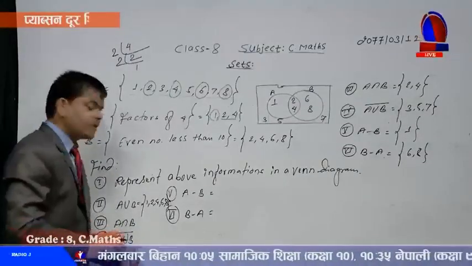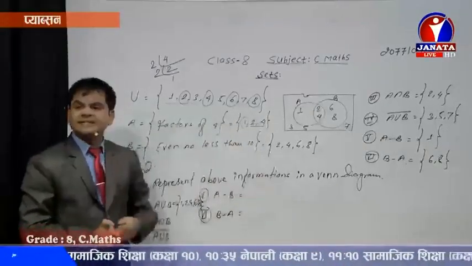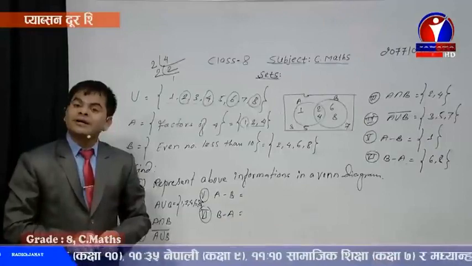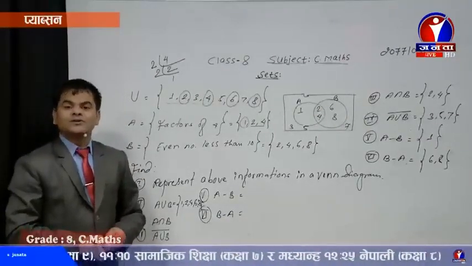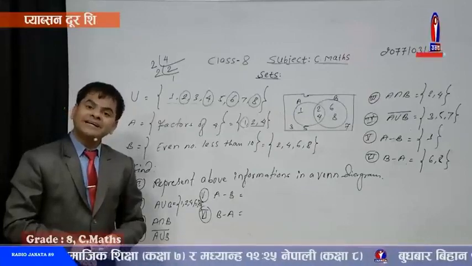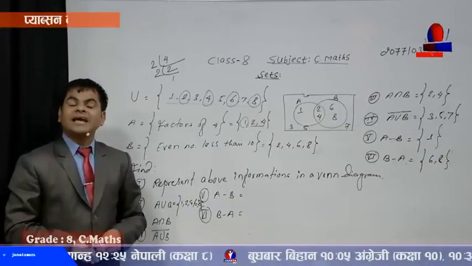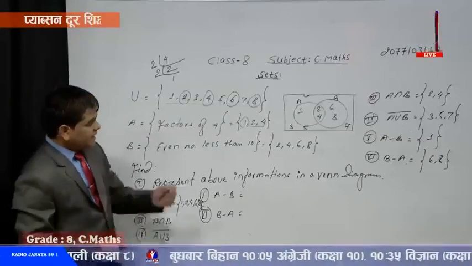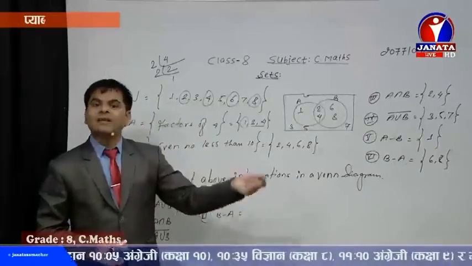And A union B complement represents everything except the elements of set A and set B. That means those elements which are found in the universal set but not found in sets A and B. And A difference B means those elements which are present in only A set.